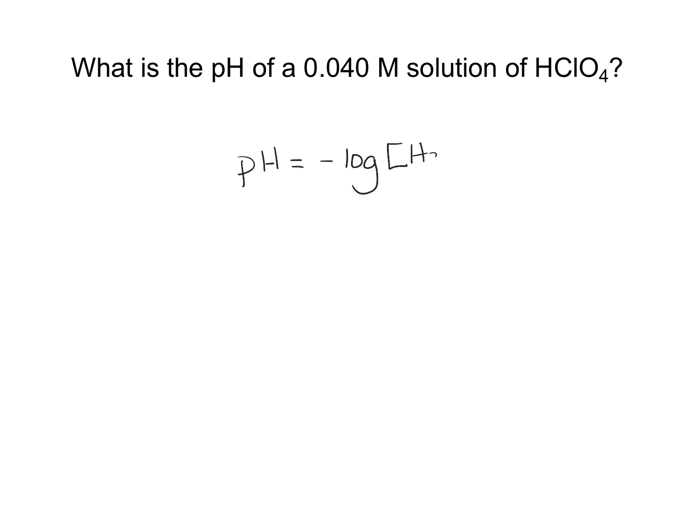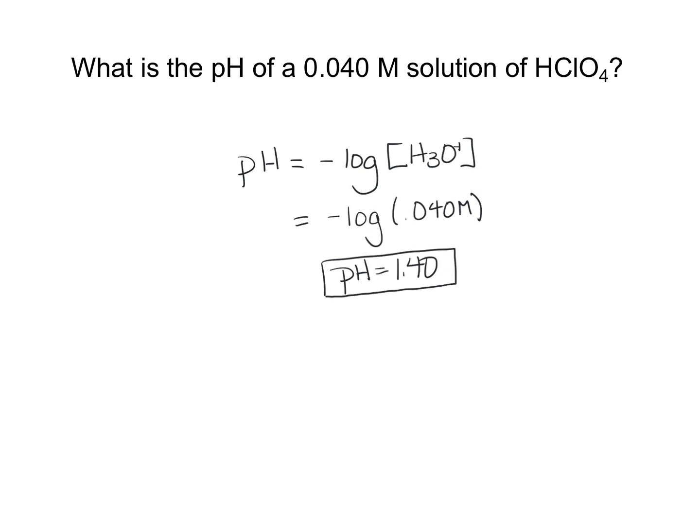And brackets mean concentration, right? And so we're going to just plug in 0.040 molar for the H3O+. And when you do this using your calculator, you get 1.40.